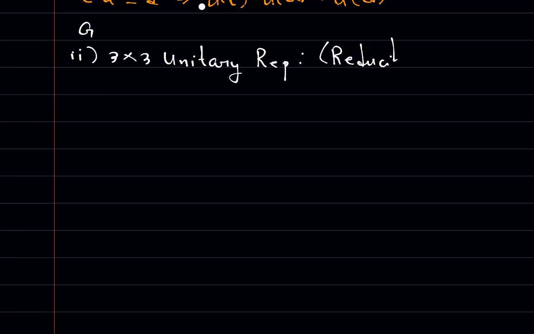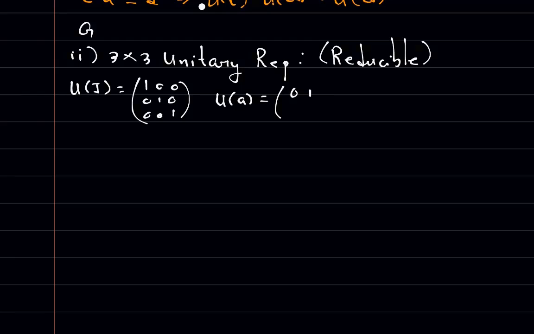I'll come to the idea of why it is called a reducible representation. But let us first write the matrices that represent the group elements. The identity element in 3 cross 3 is nothing but 1 0 0, 0 1 0, 0 0 1, and the matrix representation of the element A turns out to be 0 1 0, 0 0 1, and 1 0 0.